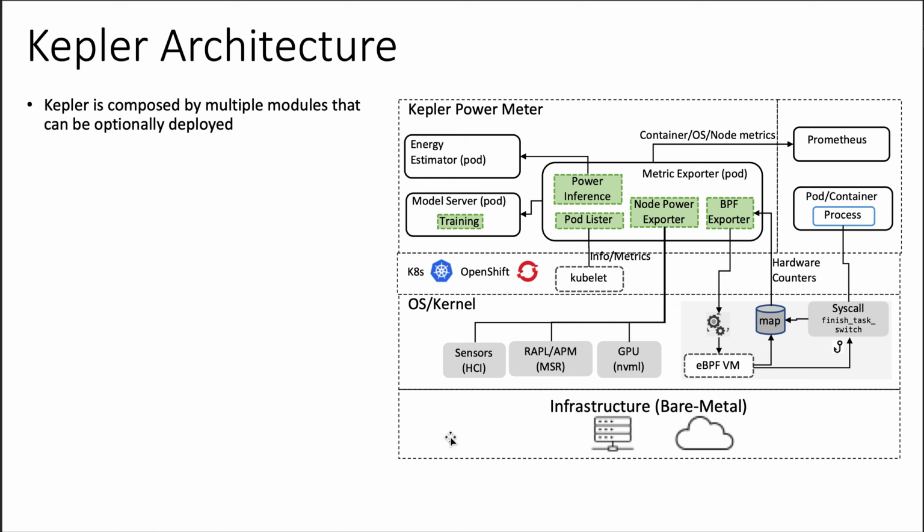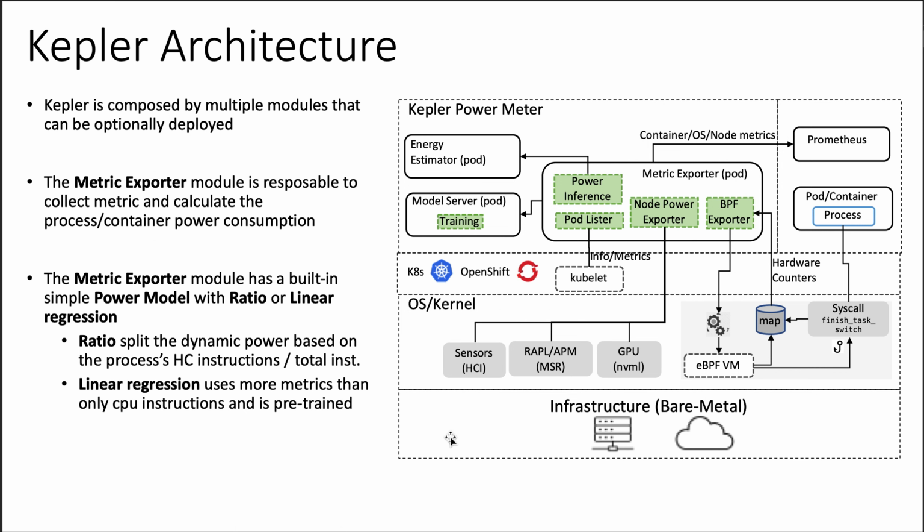Kepler is composed of multiple modules that can be optionally deployed. For example, the main module is the metric exporter, and the other modules can be optionally deployed depending on the context. The metric exporter module collects metrics and calculates process and container power consumption.